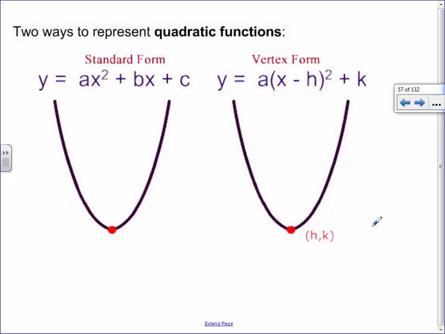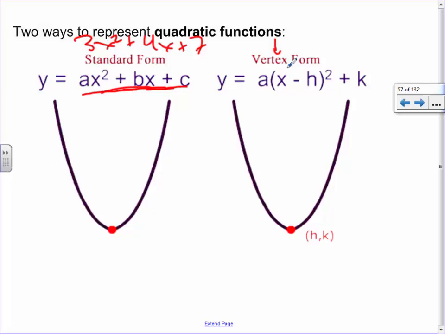There's actually a couple different ways of writing a quadratic equation. The first one is what you guys have been working with so far. It's called standard form, where you just kind of write it out in, 3x squared plus 4x plus 7. That's a regular old-fashioned way of writing a quadratic. But there's actually another way that we often write them, and it's called vertex form.